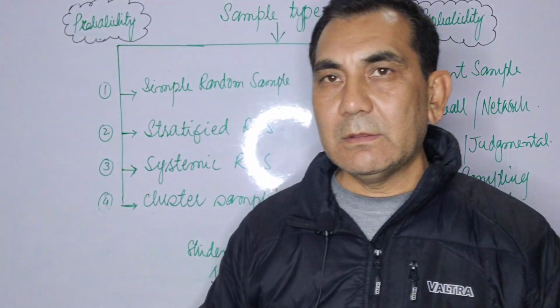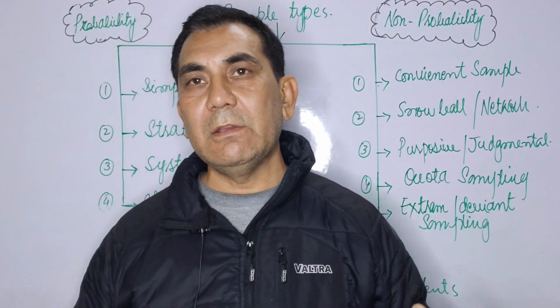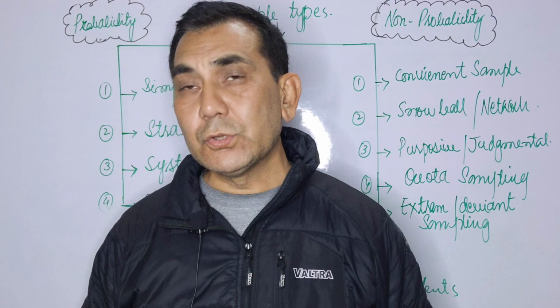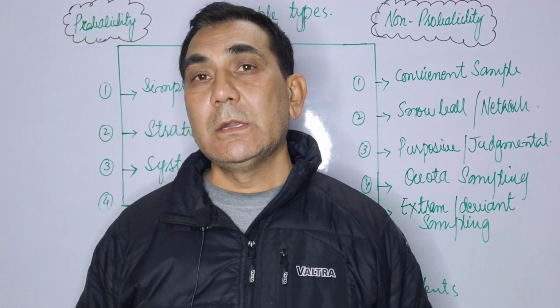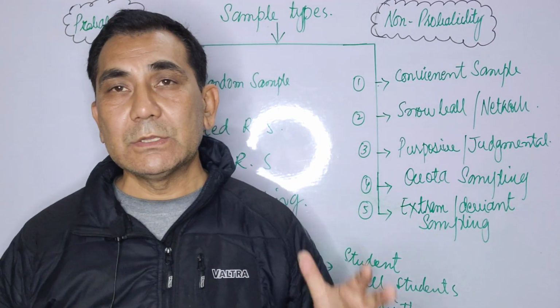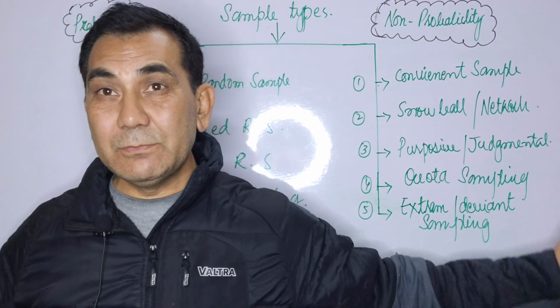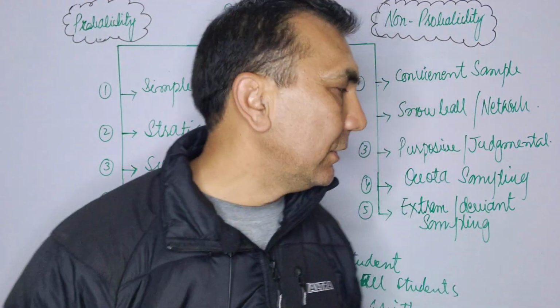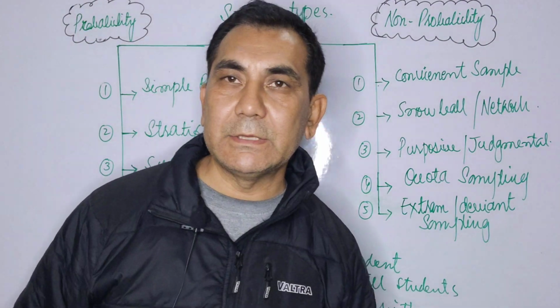In this type of study, if any researcher wants to conduct a social sciences or psychological study to see the feelings of two extreme deviant characteristics of people, then he can use the extreme deviant sampling technique.